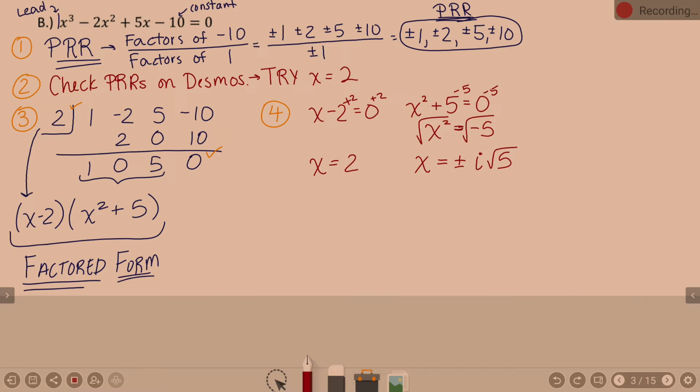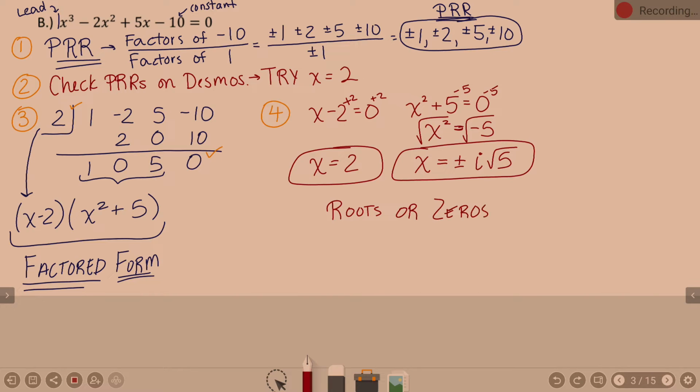Okay. Those right there are your roots, is what I called them on this paper. I want to say the homework might use the word zeros. Okay. But those are your roots or zeros, whatever it's asking you for.